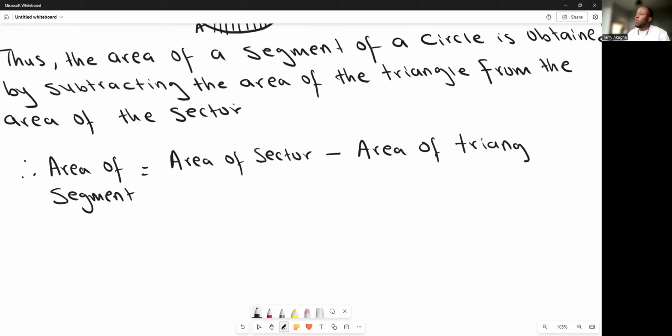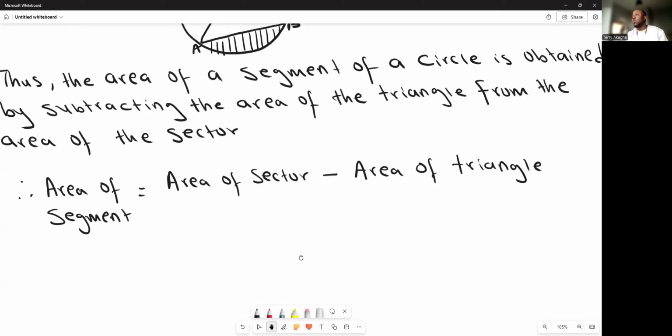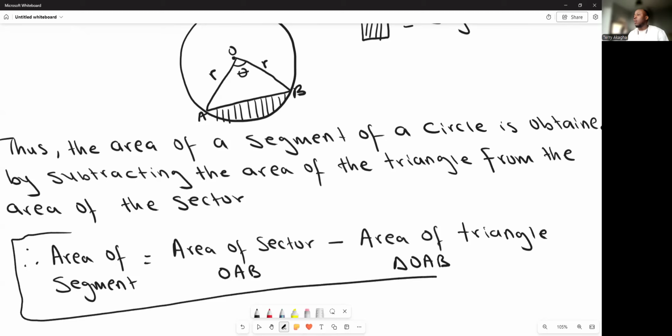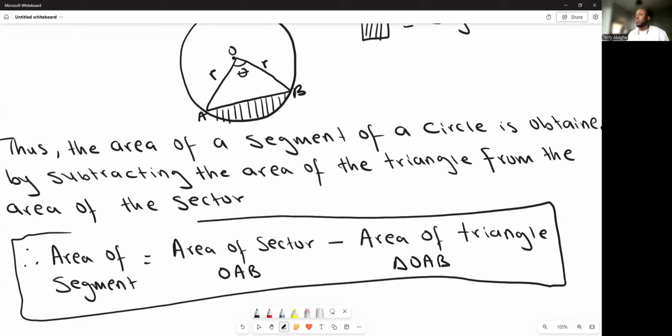If you want to put it in light of this one we have here, you can say area of sector OAB, so the sector is OAB, minus area of triangle OAB. So that's how you get the area of what? Area of segment. Sorry, you take away the area of triangle from the area of what? Sector.